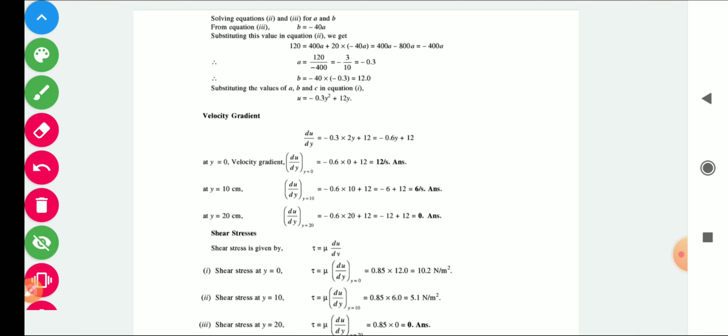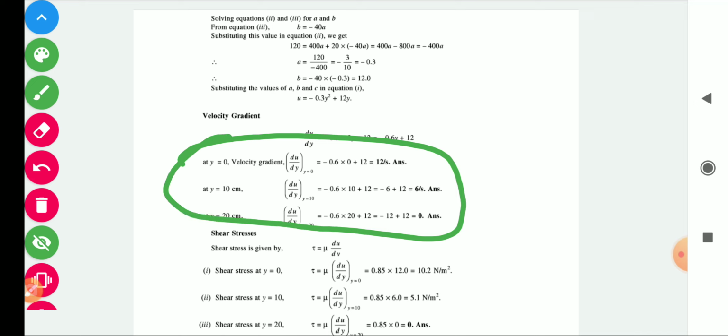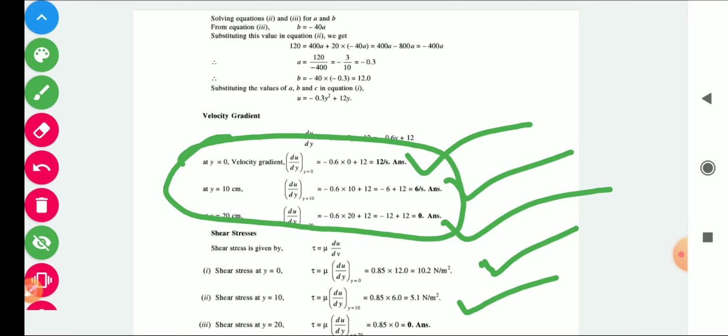In the second part, we also need to calculate shear stress. So we know shear stress equals mu times du by dy. The du by dy for three values of y we already calculated. So if we multiply these values by the viscosity, we can calculate the shear stress at y equal to 0, y equal to 10 and y equal to 20.